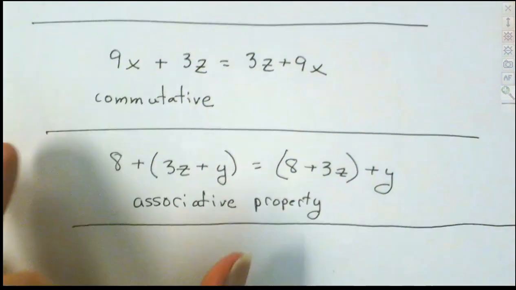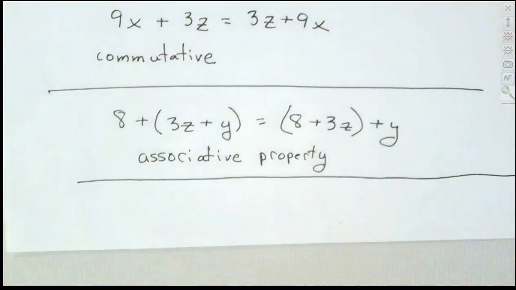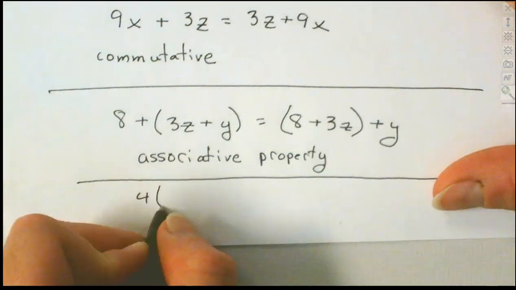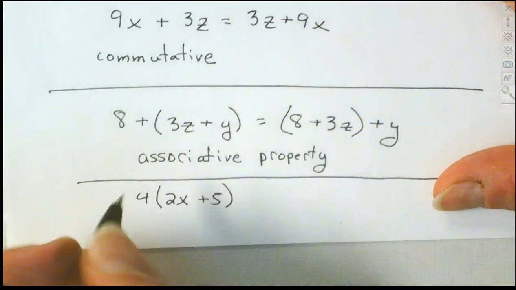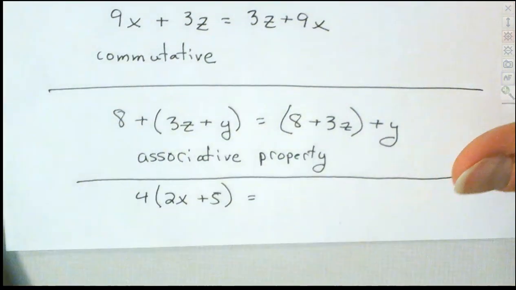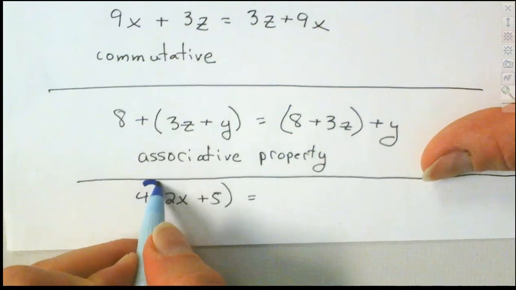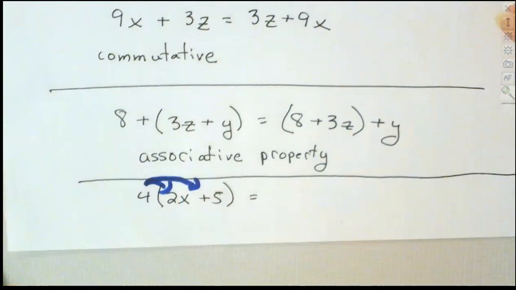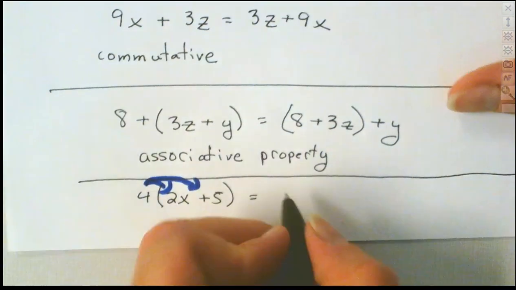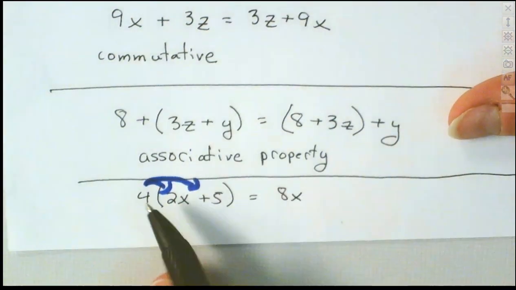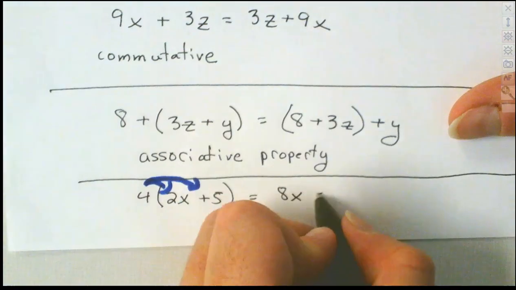And we've got one more. We haven't really talked much about the distributive property. But here's an example of the distributive property. Distribute that 4 through. 4 times 2 is 8x. 4 times 5 is 20.